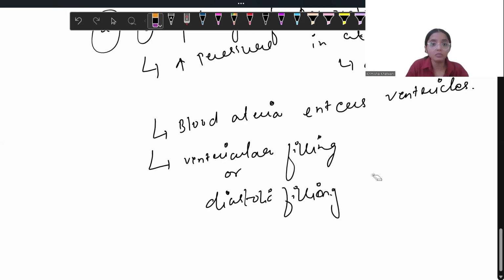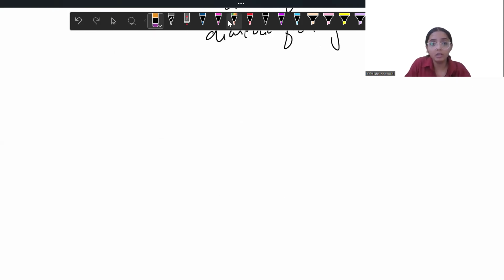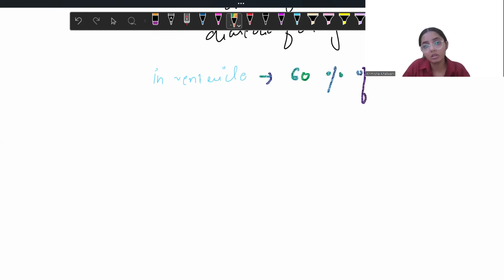Now see, in a ventricle, 70% of blood is present due to diastolic filling. What do I mean by this?